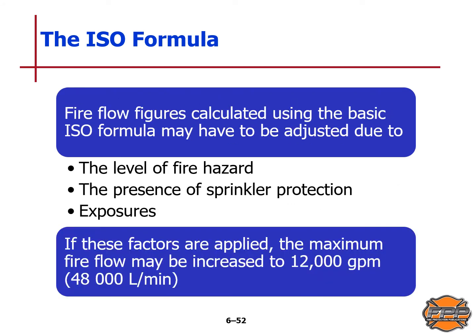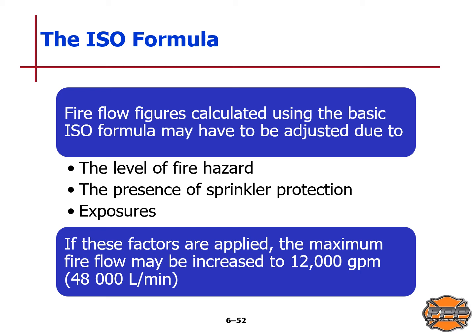The fire flow figures calculated using the basic ISO formula may have to be adjusted. And I mentioned this before, on scene, you're looking at the fire flow required, and it might be twice what you initially calculate because of variations that are present in an individual scene. Well, it figures certainly into pre-planning as well.